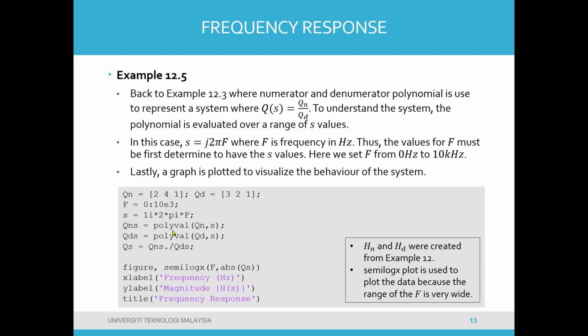Of course you have to evaluate the Qn. You can see here, this is the Qn numerator and denominator with the S. Evaluate the S, and then you just divide the values of the numerator and denominator.